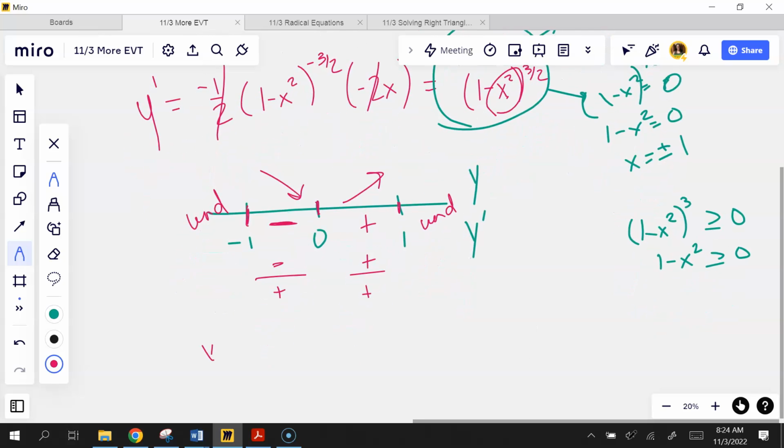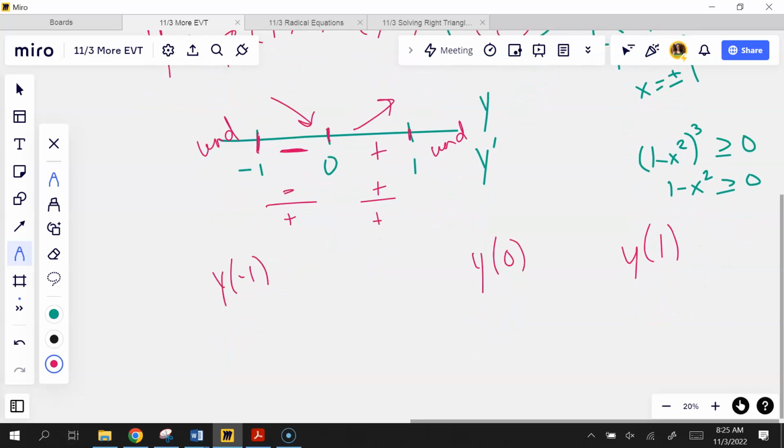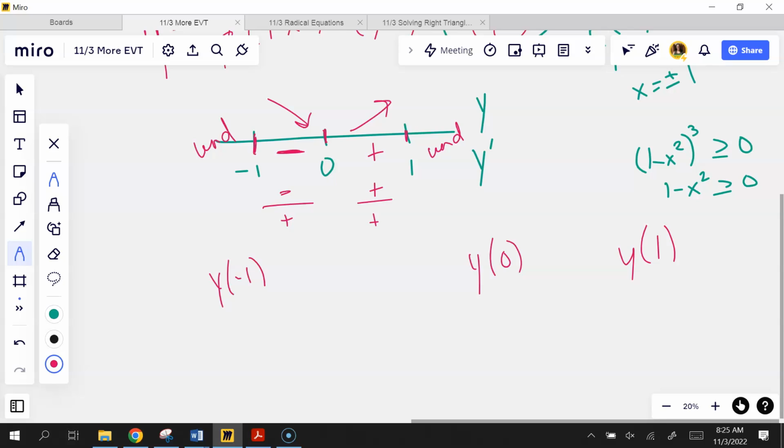And to find it, we will have to test them. So now I do y of -1, y of 0, and y of 1. Original equation was 1 over the square root of 1 minus x squared.